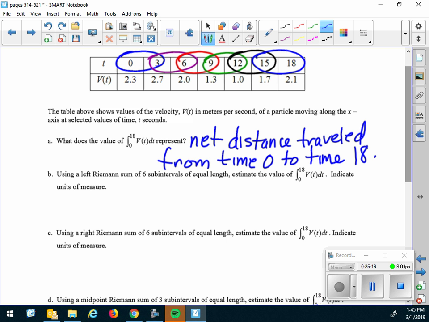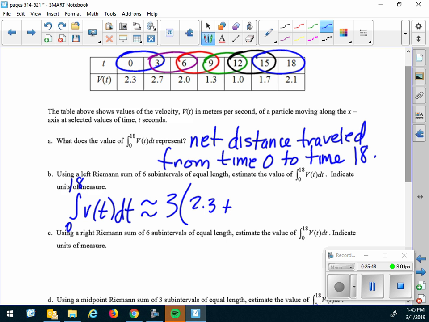So here's how you're going to write it. The integral from 0 to 18 of v of t dt is approximately, and please use approximately, left Riemann sum. Can I pull out the width of each one of them because it's the same? Yep. Times, what's the height of the first one if I'm doing a left Riemann sum?